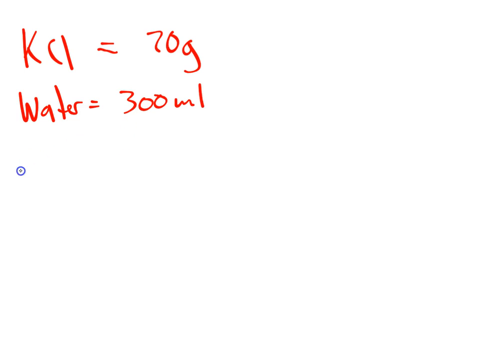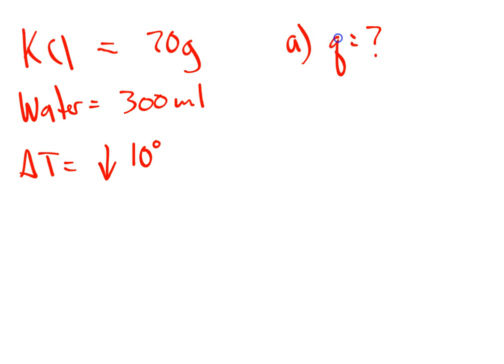And let's this time say my change in temperature went down 10 degrees. This time it will be a positive. Okay. Now, I would like you to solve for, first off, A, the Q of this process, and then B, the delta H in kilojoules per mole.